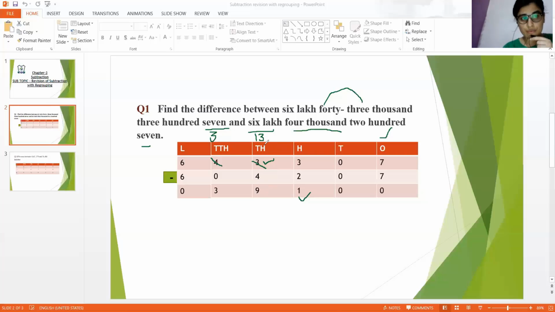If we take away 4 from 13, how many are we left with? 5, 6, 7, 8, 9, 10, 11, 12, 13. Just count these fingers. Count 1, 2, 3, 4, 5, 6, 7, 8, 9. So we will write here 9.